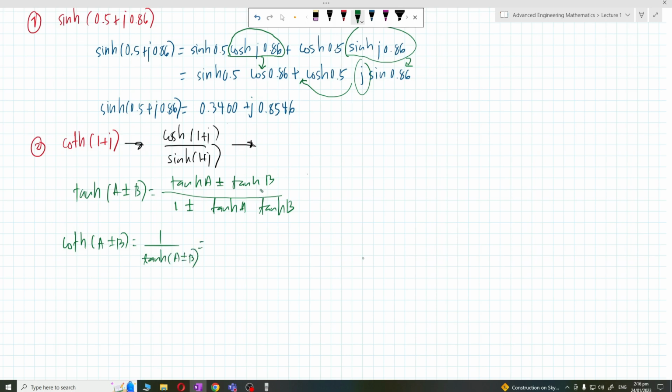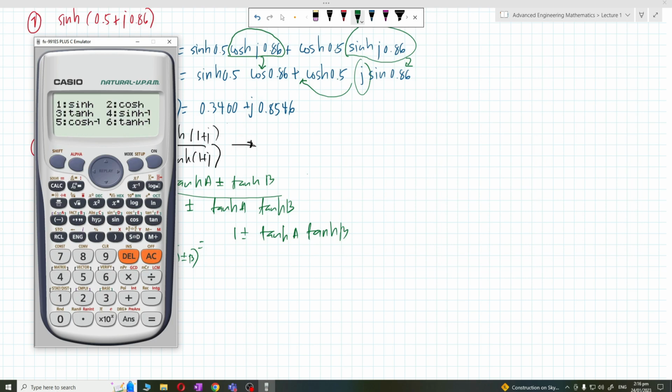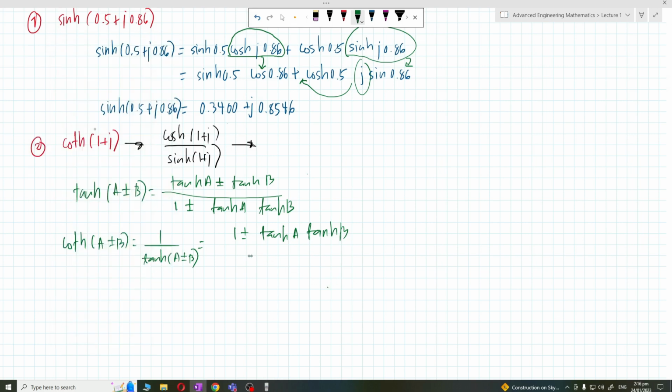Babaligtarin mo lang yan, so 1 plus minus tan hyperbolic of A and tan hyperbolic of B. Bakit guys pinapakita to? Kasi ganito yan. Sa calculus guys, when you press hyperbolic, wala diyang cotangent. Meron guys tangent hyperbolic. So you will use the tangent hyperbolic in your calculator.